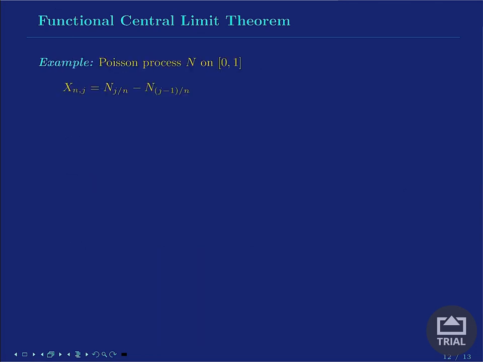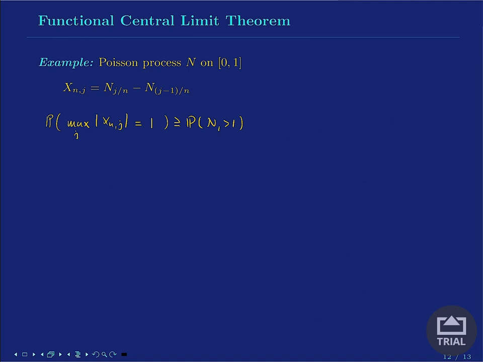So coming back to our Poisson process, exactly this extra condition fails: the maximum of the xnj over all j actually takes the value 1, at least with the probability that the process over the whole interval has more than one event.